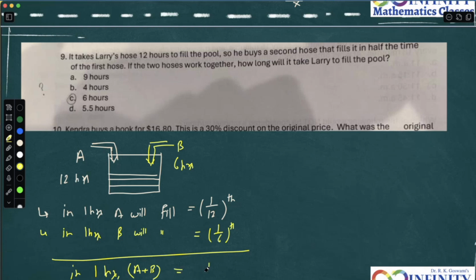They will fill 1 by 12 plus 1 by 6, which is 3 by 12. Wait, just a second, it is going to be 2 by 12 plus 1 by 12. You are right actually. 3 by 12 is 1 by 4, so that means it'll take 4 hours.